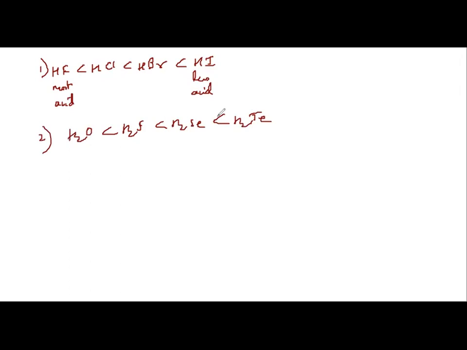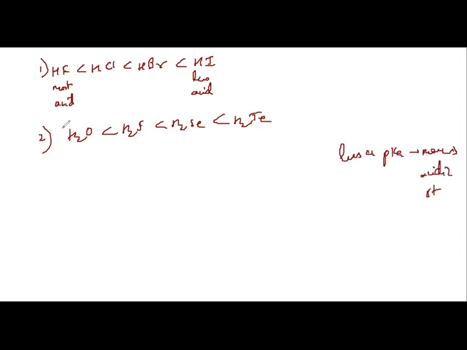Increasing pKa values. pKa, dissociation constant of acid. As you move down the group, acidic nature decreases. So this will have a large pKa value. Lesser the pKa value, more is the acidic strength.